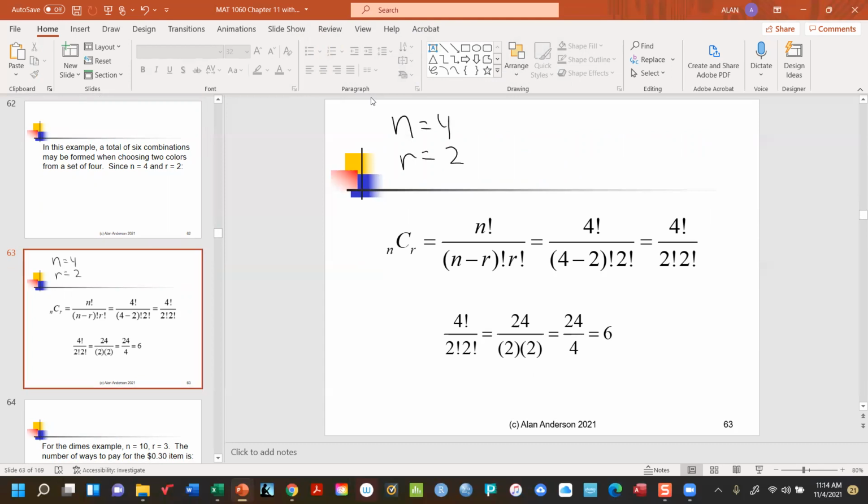So when you plug in all these numbers, you've got 4 factorial over 2 factorial times 2 factorial, or since 4 factorial is 24, you've got 24 divided by 2 times 2, 24 over 4, and just as we found, we have 6 different combinations of colors that can be created when we pick 2 out of 4.